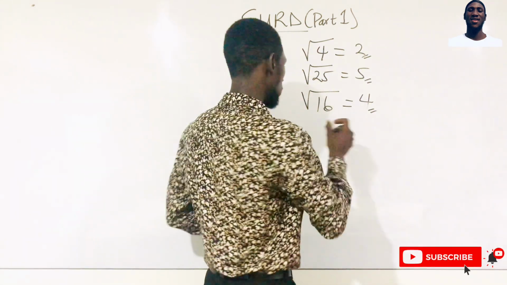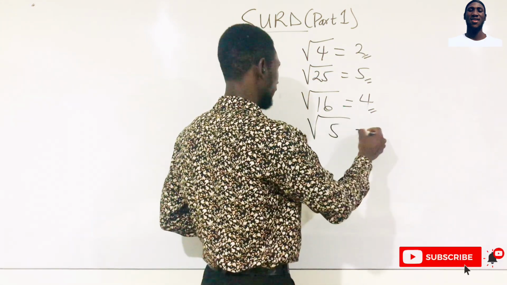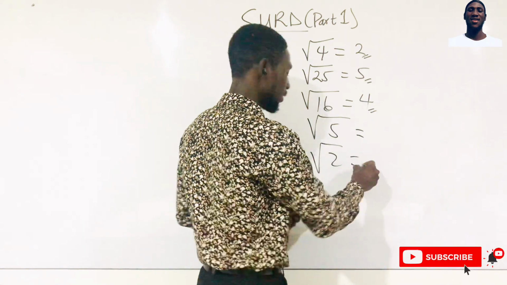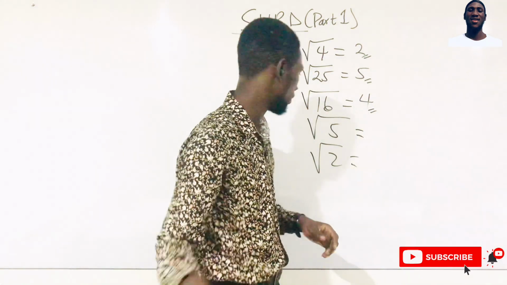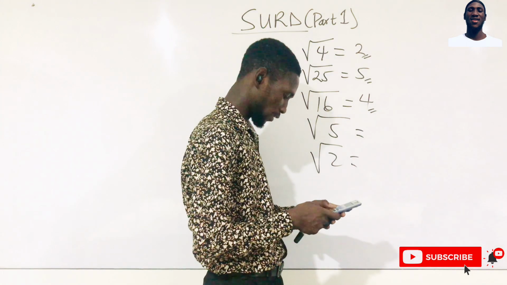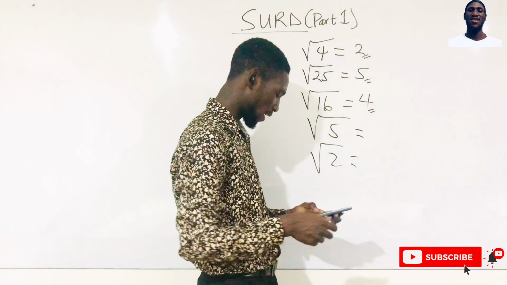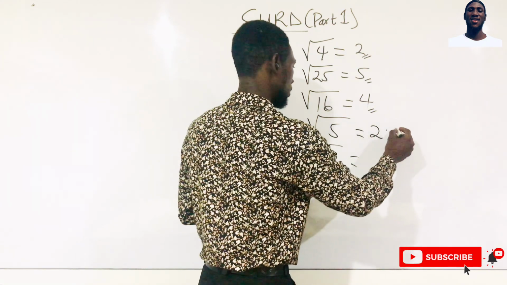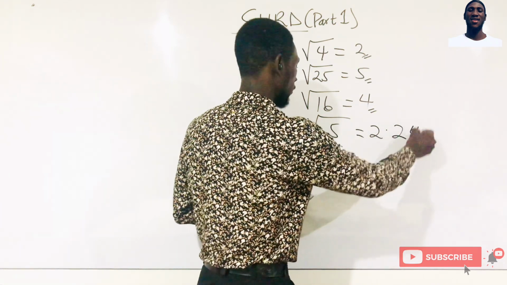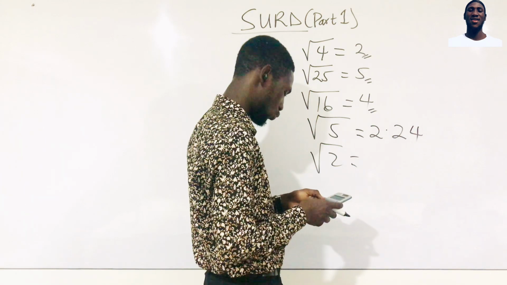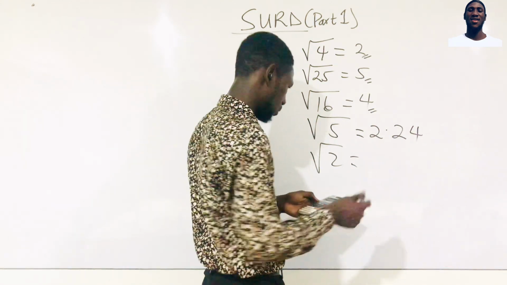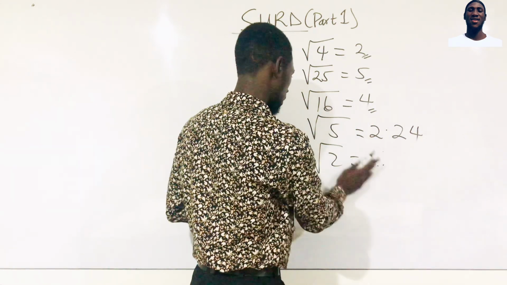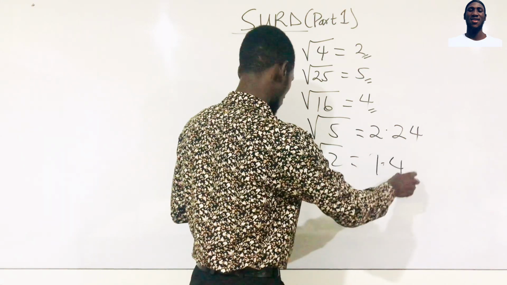But if I take the square root of 5, the square root of 2, let me quickly use my calculator to find out. The square root of 5 gives me 2.24. The square root of 2 gives me 1.41.